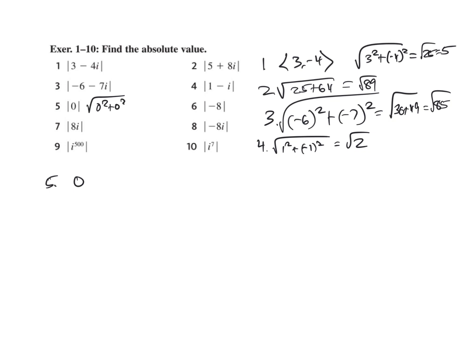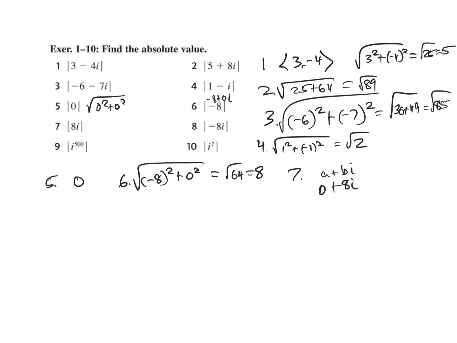Number 8, this is negative 8 plus 0i. So number 6 is going to be negative 8 squared plus 0 squared. So square root of 64, which is 8. Number 7, again, that's a plus bi, or 0 plus 8i. 0 squared plus 8 squared.